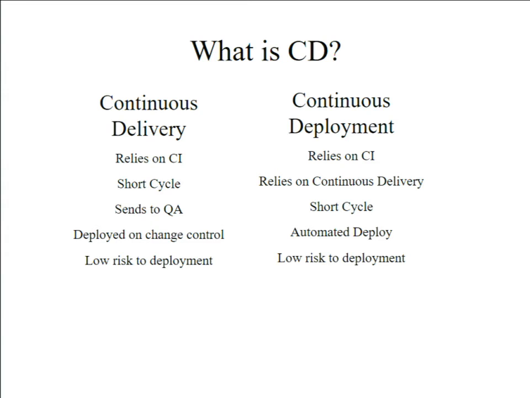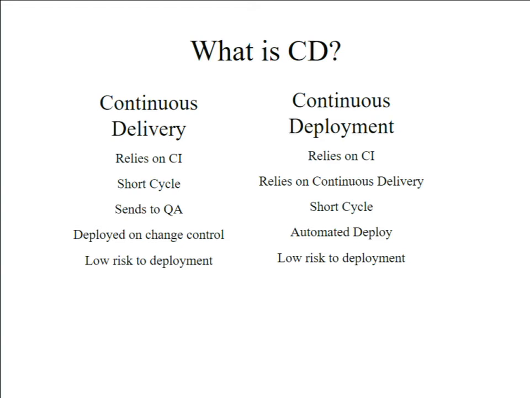So someone is checking, making sure your code is right, making sure what you're doing is what they want, and then it gets deployed on a change control. That change control might be every 6 weeks we push the changes to production. Change control might be at the end of every day we push changes to production. Change control could even be as soon as it gets QA, I'll push it to production. But you're manually saying, yes, let's push that piece of code. So that's the key thing of continuous delivery.